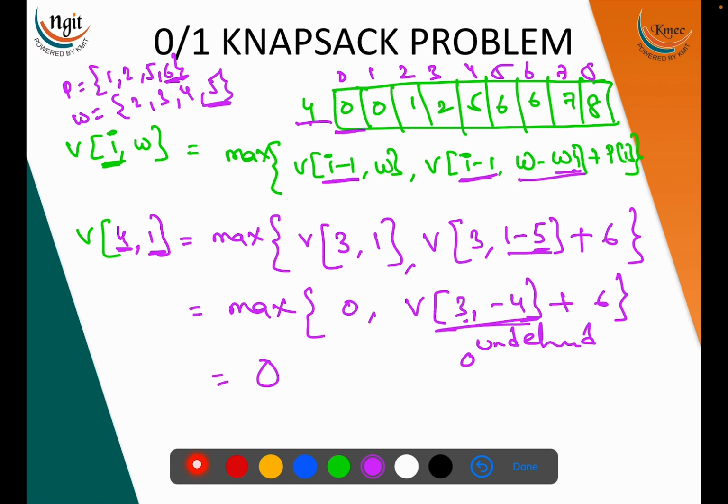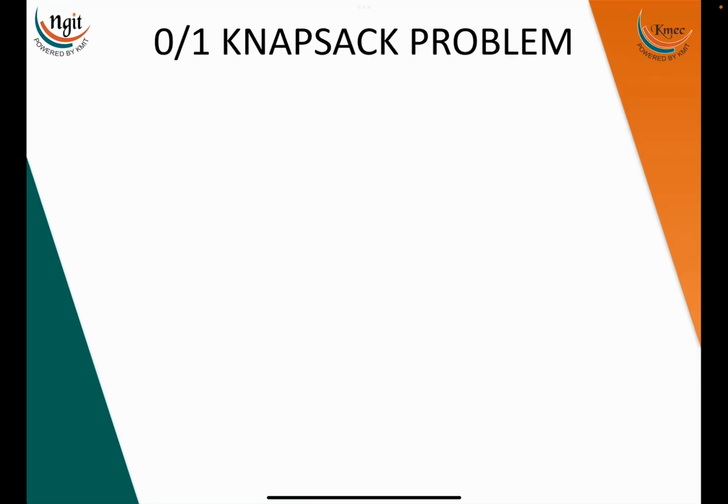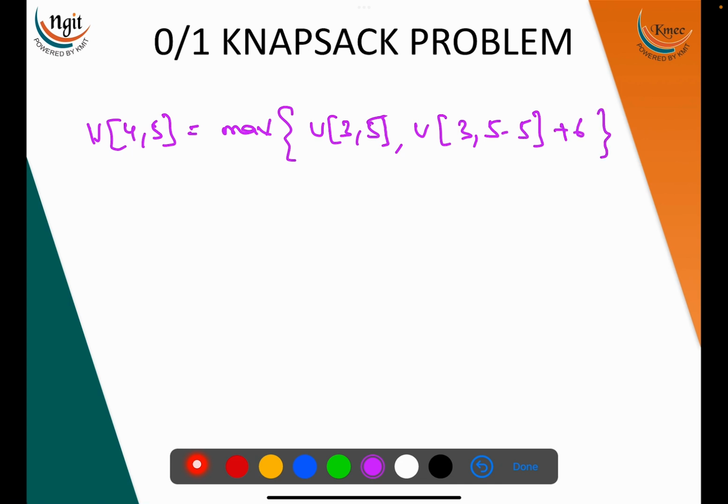Now you can take the same way to get all the values. So now we will see even the other value. V of 4 comma 5 is equal to max of V of 3 comma 5, comma V of 3 comma 5 minus 5 plus 6. That is max of 5 comma 0 plus 6.